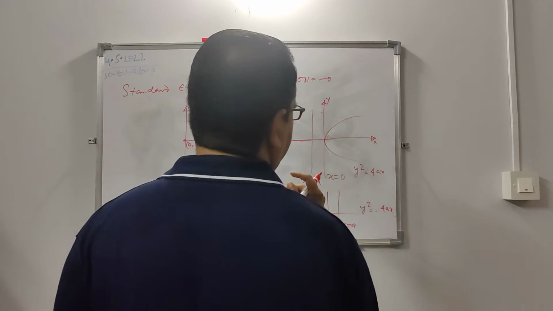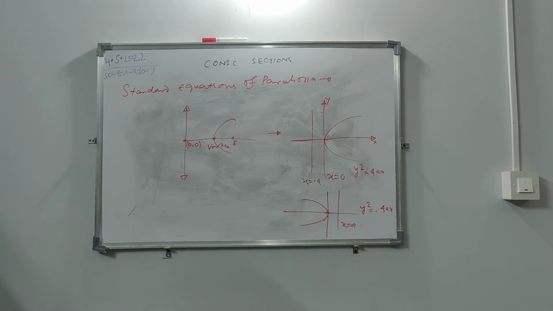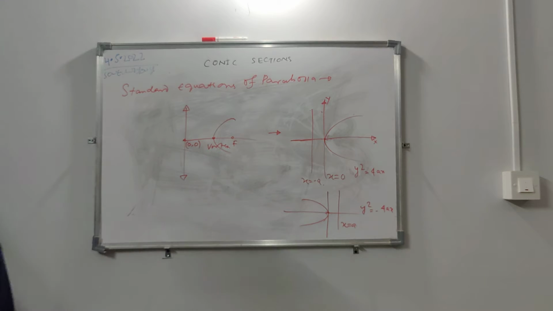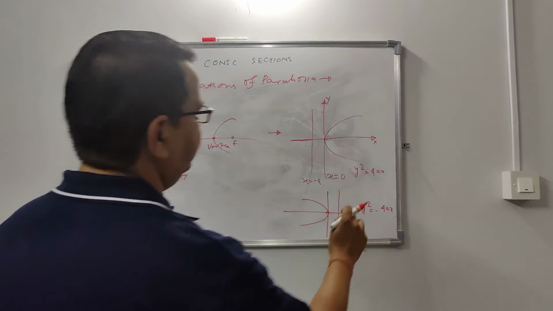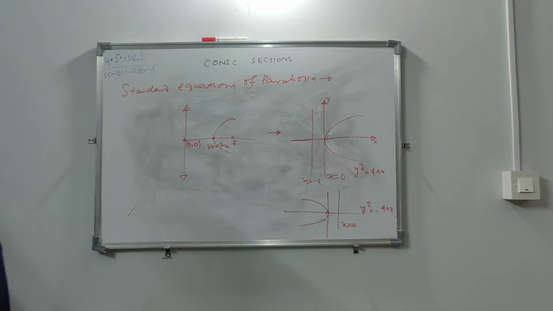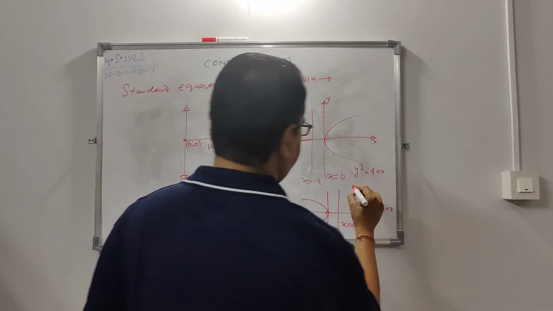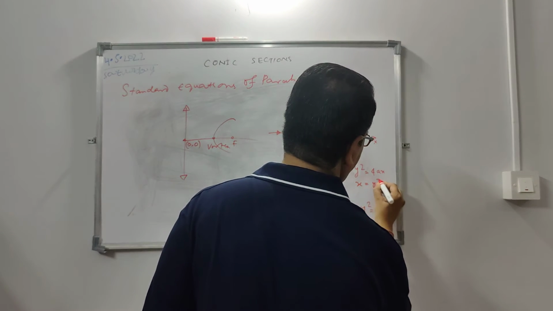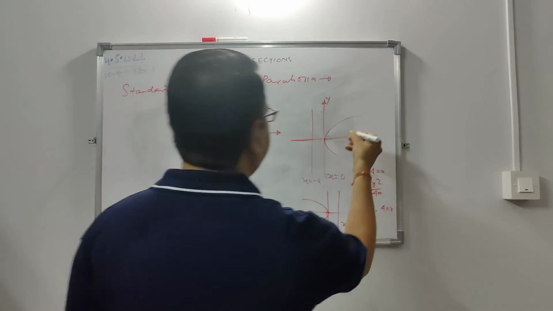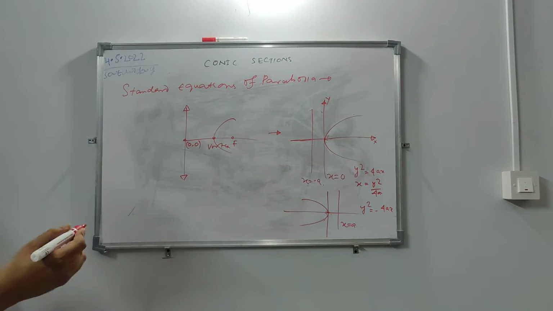Y square is equal to 4x, and this is y square is equal to minus 4x. Why is it so? Because here x is always positive. So x is equal to y square by 4. Whatever may be your y coordinate, x will always be positive.